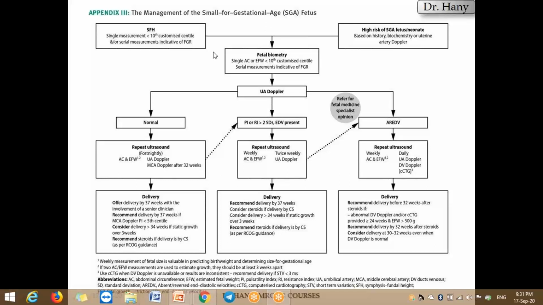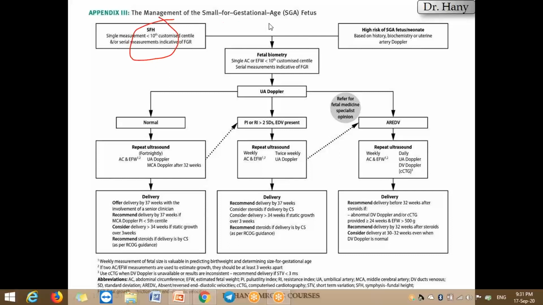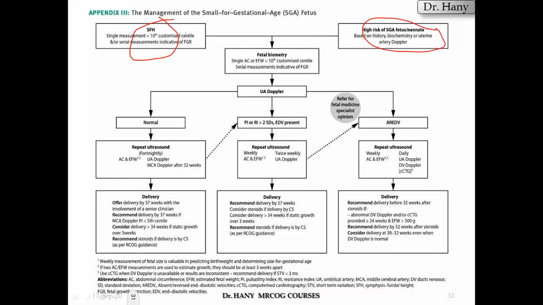This is to manage. This is the screening. To diagnose, you will use the screening for the history or the symphysis fundal height. If you find any of these, you will go to diagnose. What will be the diagnosis? The abdominal circumference or the estimated fetal body weight.